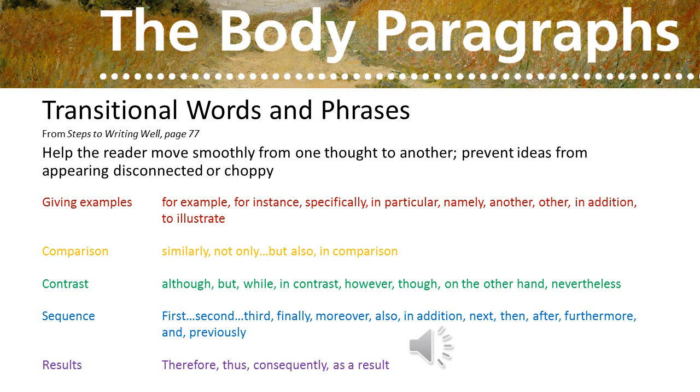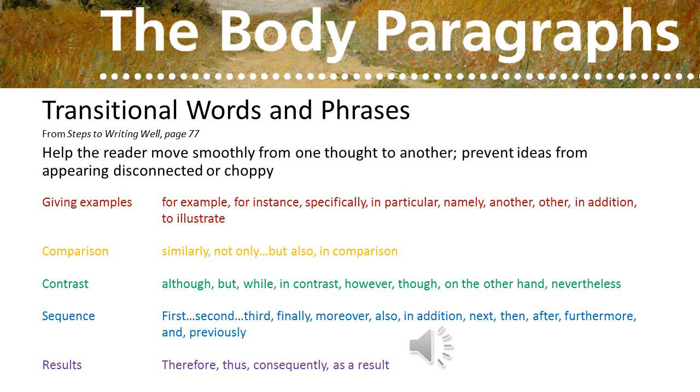If you are establishing a comparison, which you are not going to be doing in this class, you will be writing a contrast essay, but not a comparison essay. Nevertheless, if you are trying to demonstrate a similarity between 2 subjects and you're moving from one to the other, similarly, not only, but also, and in comparison, will allow you to make that transition smoothly so the reader understands.